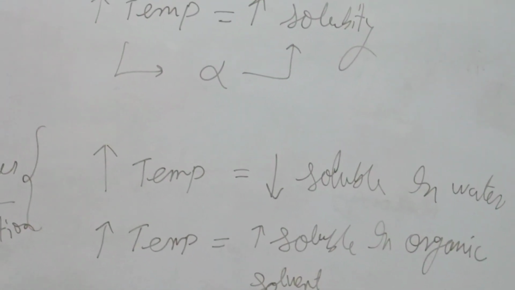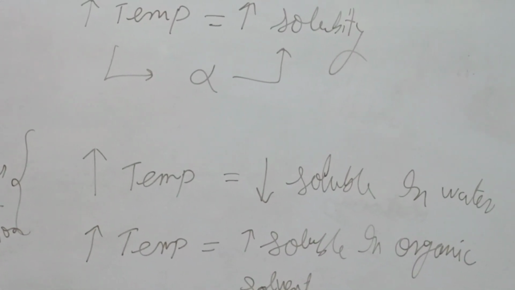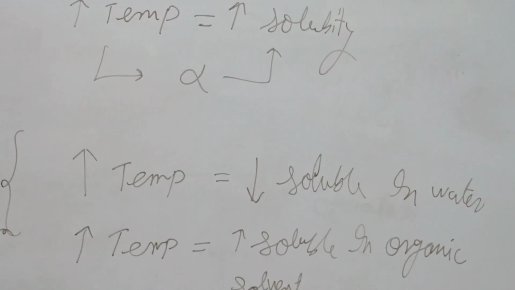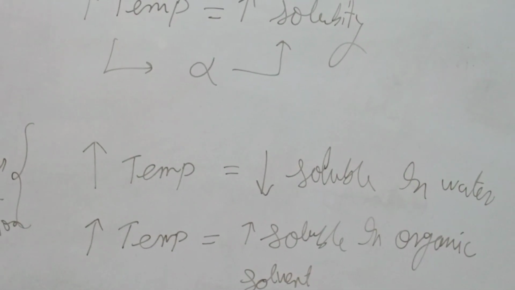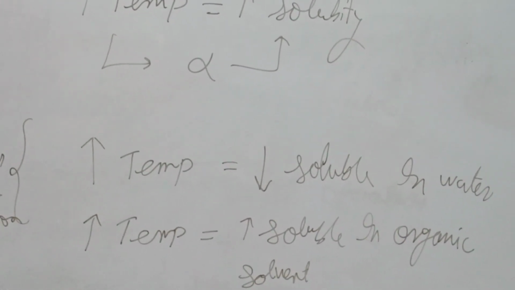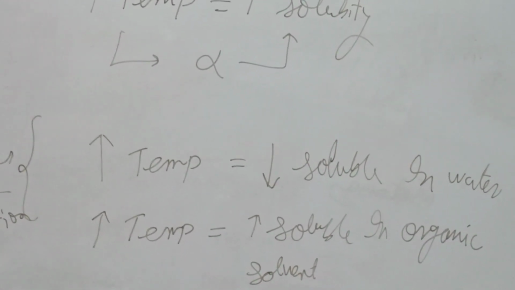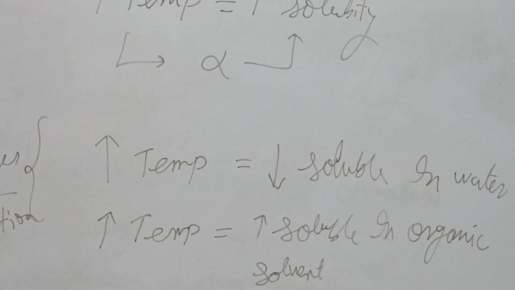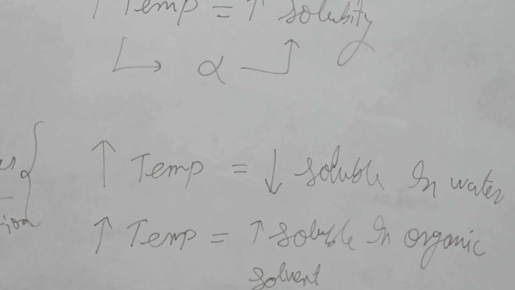However, this phenomenon totally changes in case of an organic solvent. So in an organic solvent the solubility of gas increases with increase in temperature. So this is also an exceptional case in case of gas, that with increase in temperature its solubility reduces in water, which is a polar solvent.